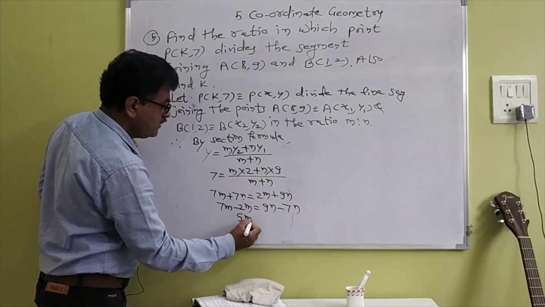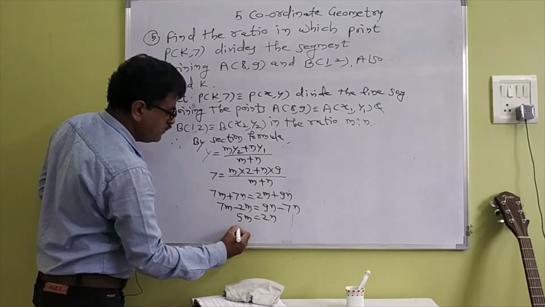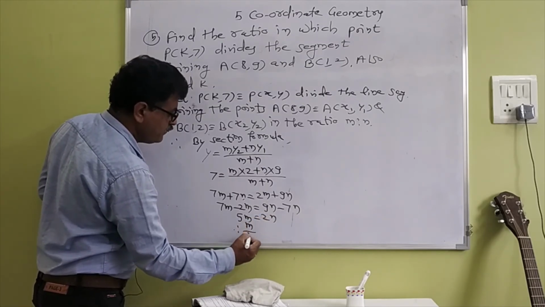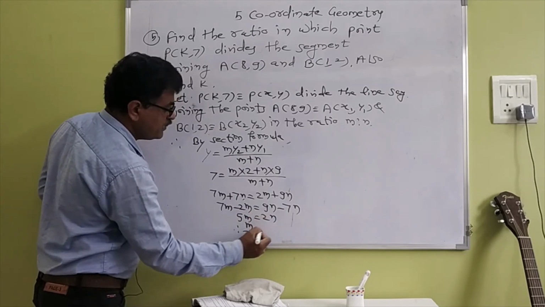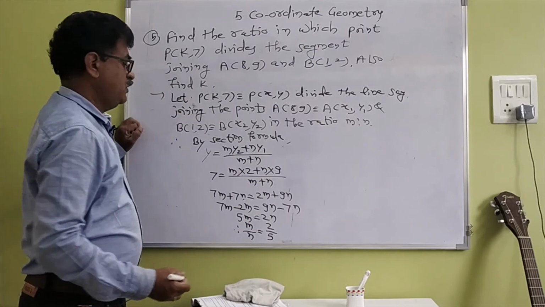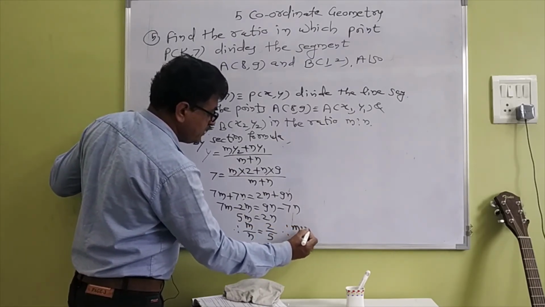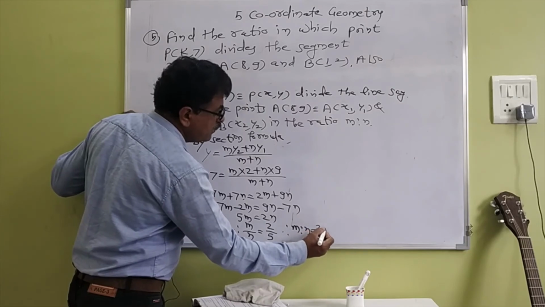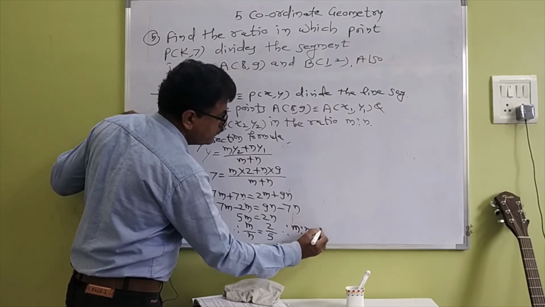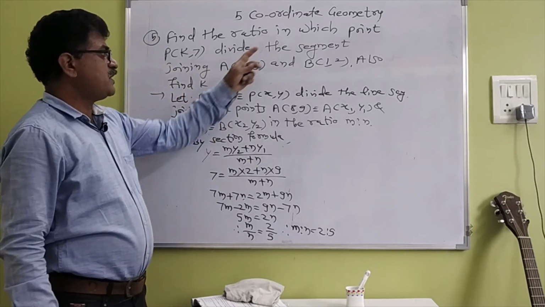Therefore 5m is equal to 2n. Therefore the value of m upon n is equal to 2 upon 5. Therefore the ratio m is to n is equal to 2 is to 5. This is the first part.